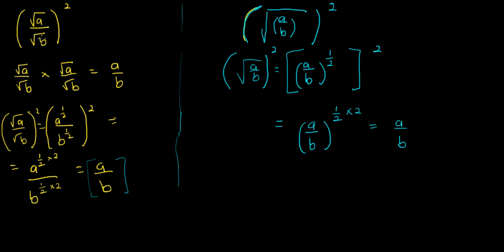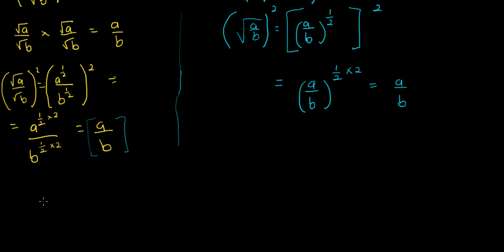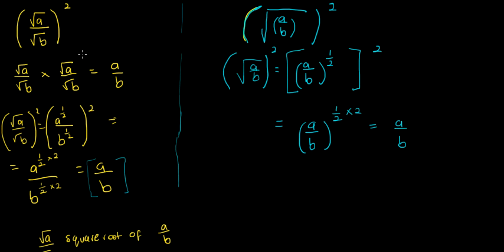This implies that this value here, square root of a over square root of b, is the square root of a over b. Let me write it down here. Root a over root b is the square root of a over b, because it's the value we multiply by itself to get a over b.